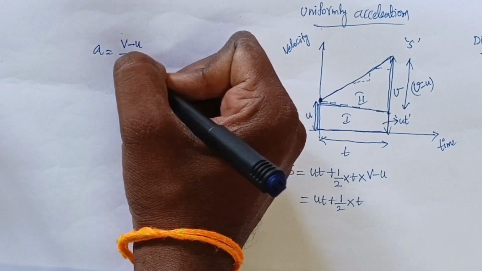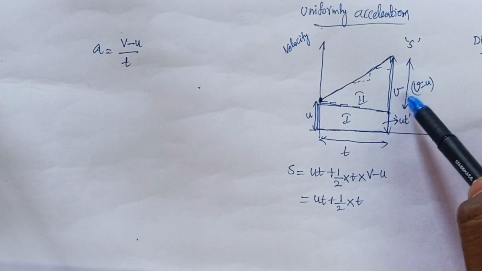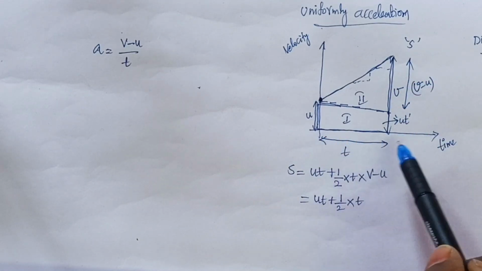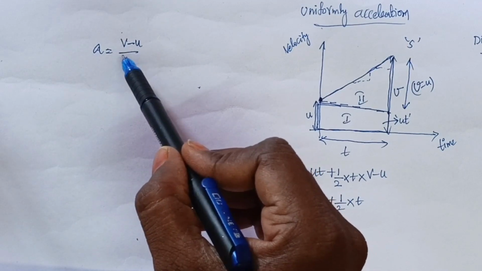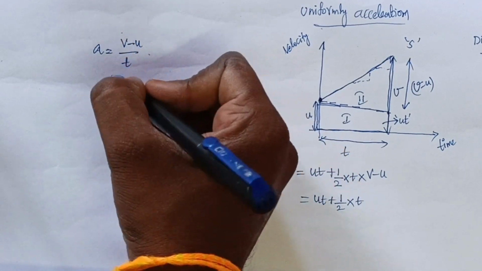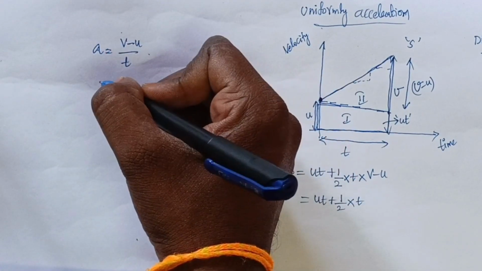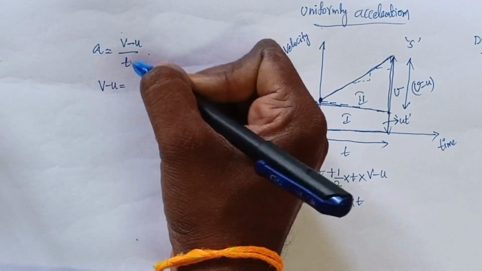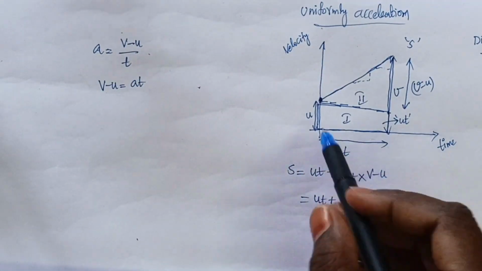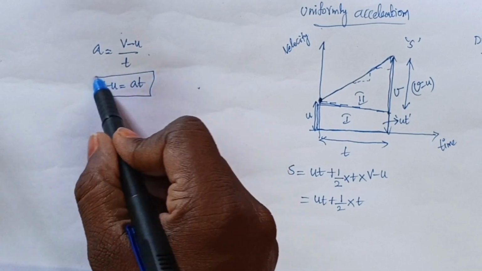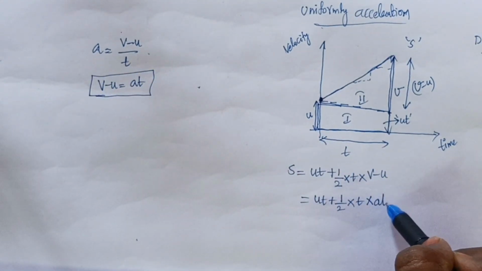If the initial velocity is u and the final velocity is v over a period of time t, the acceleration is given by a is equal to v minus u by t. So I can write v minus u as a times t. By substituting, v minus u is equal to at.